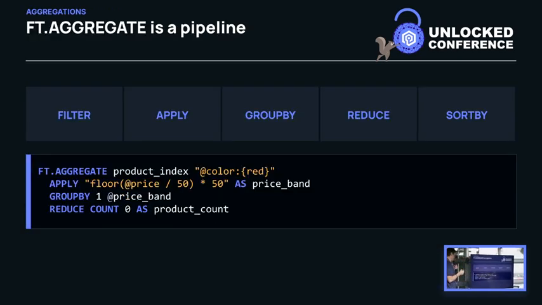Beyond searching, we also support FT.AGGREGATE. FT.AGGREGATE is a very powerful server-side pipelining mechanism. The pipeline comprises several stages. The first stage is filtering, where you specify the filter.